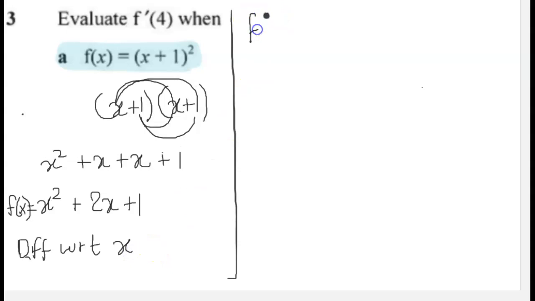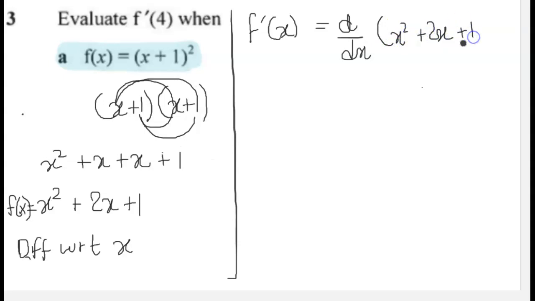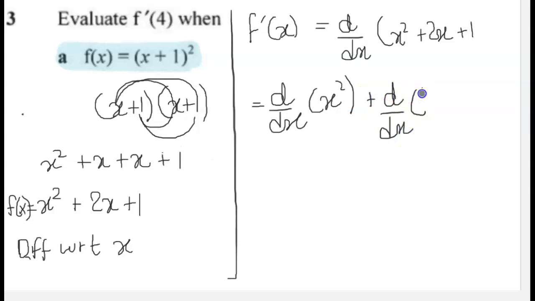So that side will become f dash x, and this side when you differentiate d over dx of x squared plus 2x plus 1, obviously you need to differentiate everything separately. So you're going to do d over dx of x squared plus d over dx of 2x plus d over dx of 1.